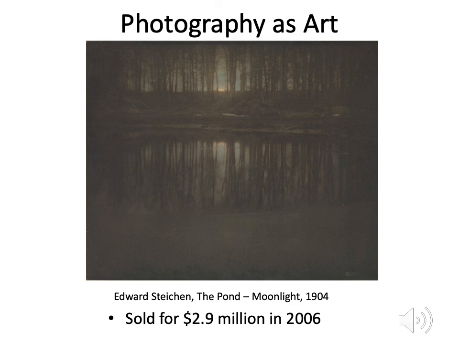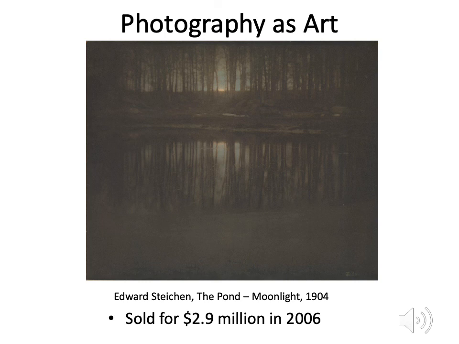Now we're going to talk about in future presentations photography and how it was not thought of as an art form, and then fought for that title as art from photographers, and eventually, like we see here, Edward Steichen's photo of the pond from 1904 is artwork.